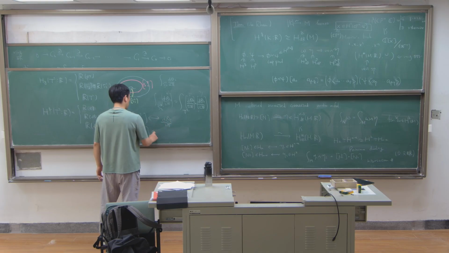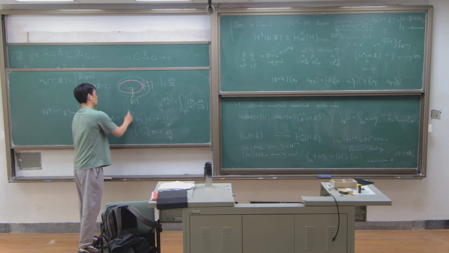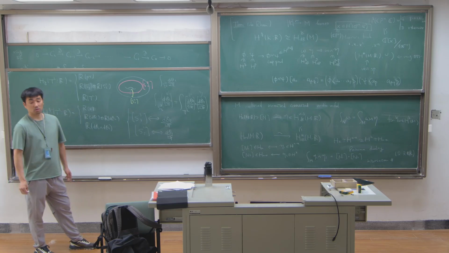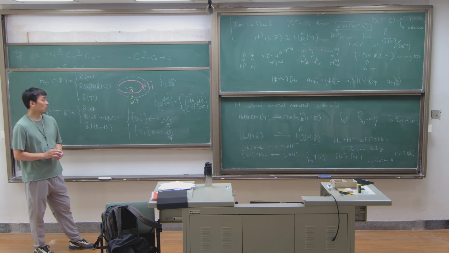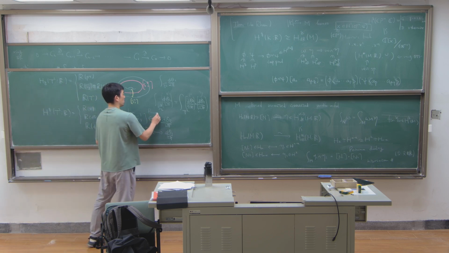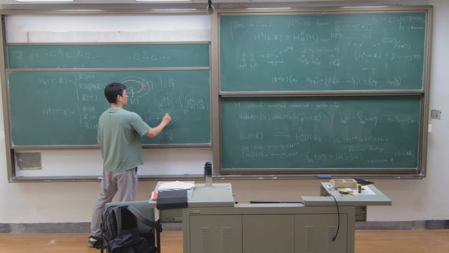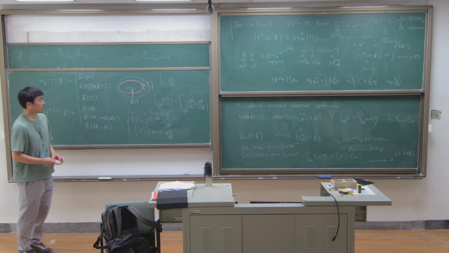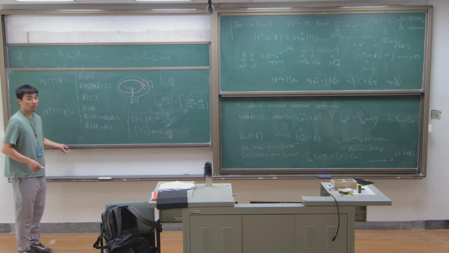S12 is dual to d theta 1 over 2 pi. Like this. So those are the congruences. Is it okay?